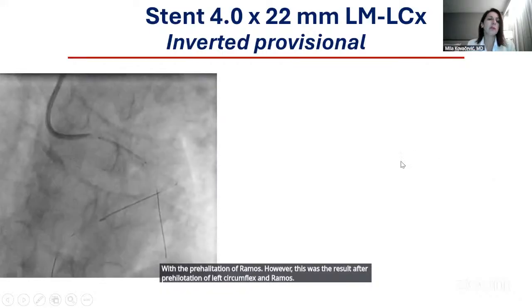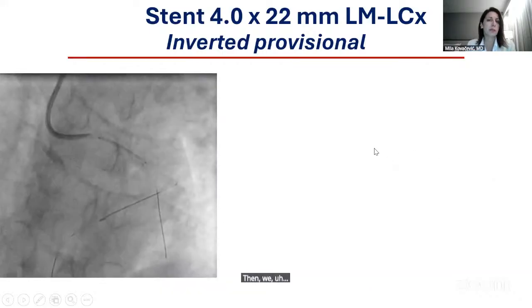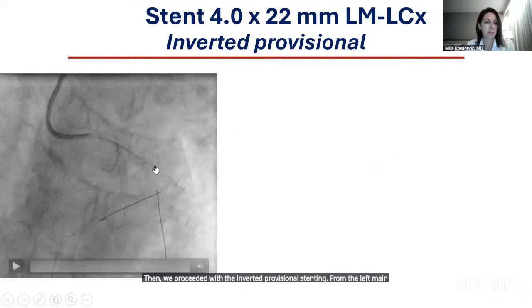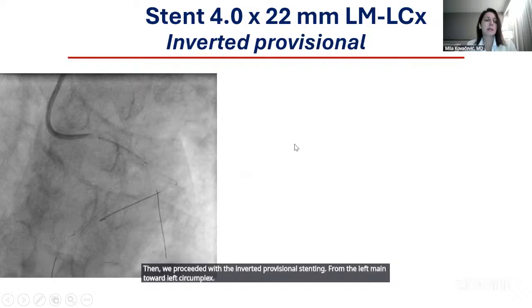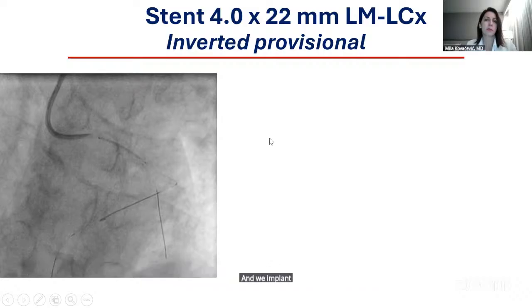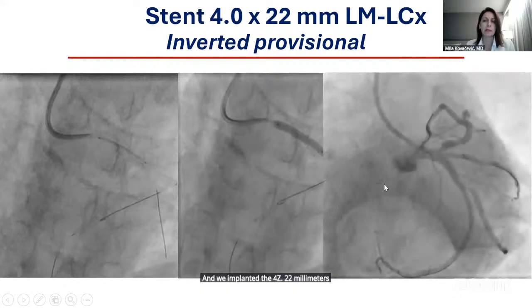Then we proceeded with inverted provisional stenting from the left main toward the left circumflex, and we implanted a 4.0 by 22 millimeter stent. This was the result after stent implantation.